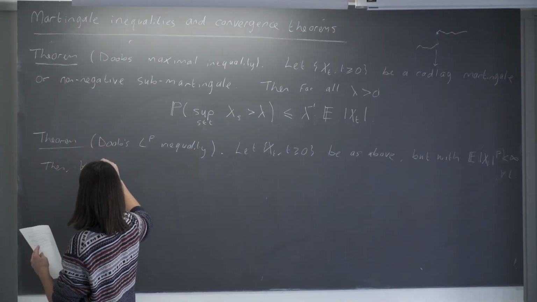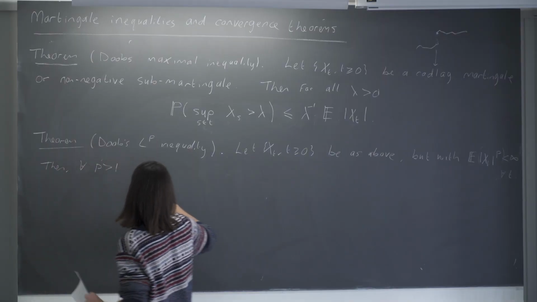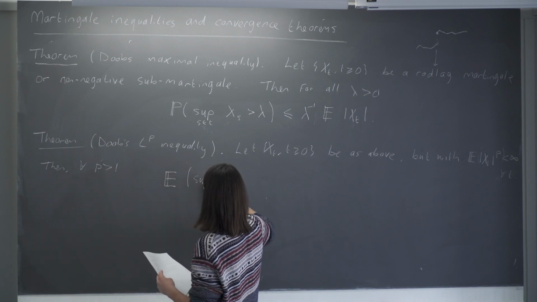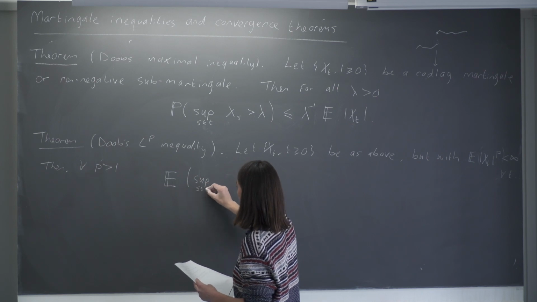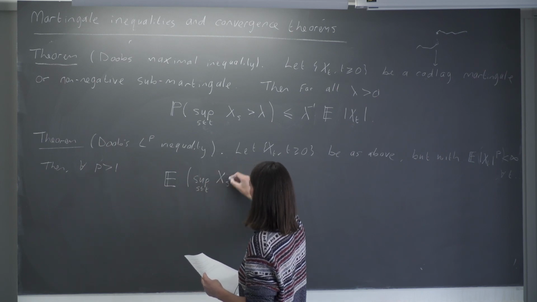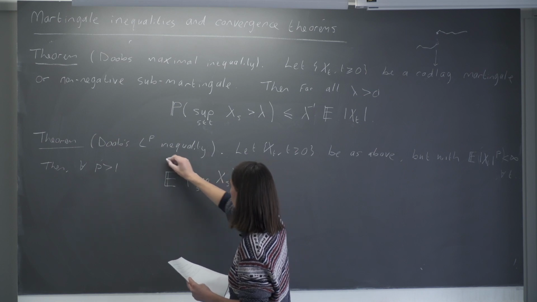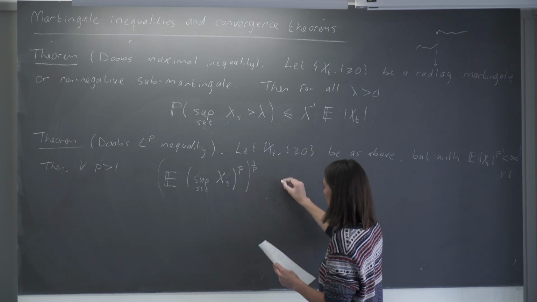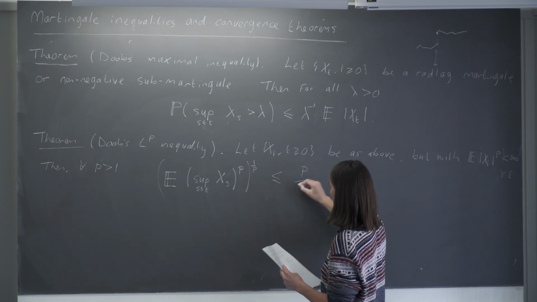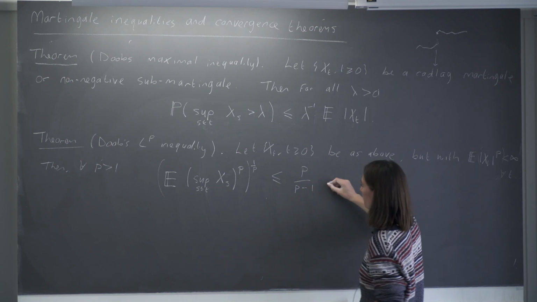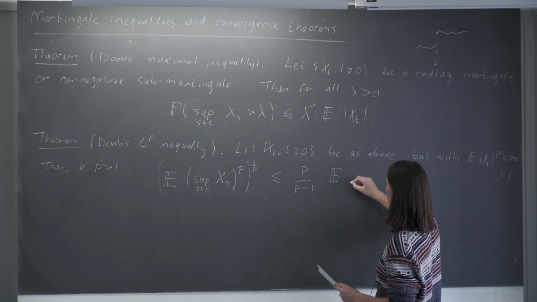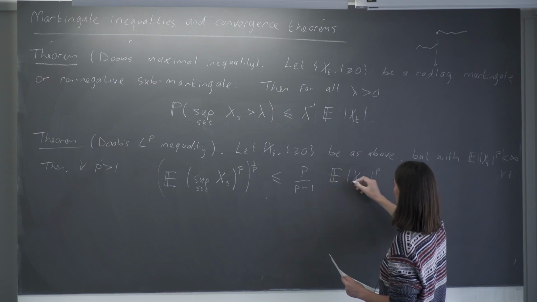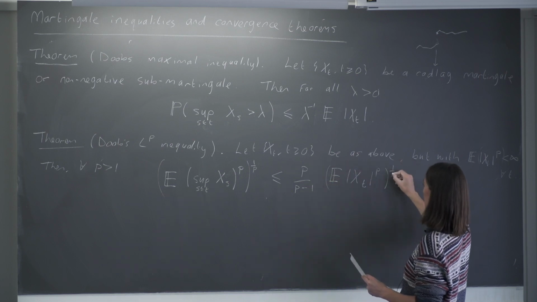Then for all p strictly bigger than 1, the expected value of the supremum of s less than or equal to t of X_s to the power of p, all of this to the 1 over p, is less than or equal to p over p minus 1 times the expected value of X_t to the p, all of this to the 1 over p.